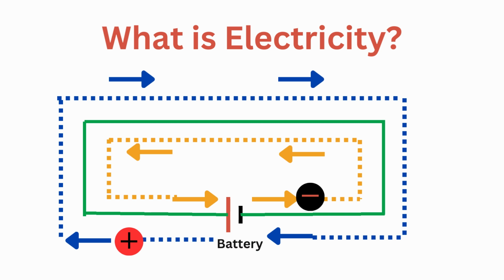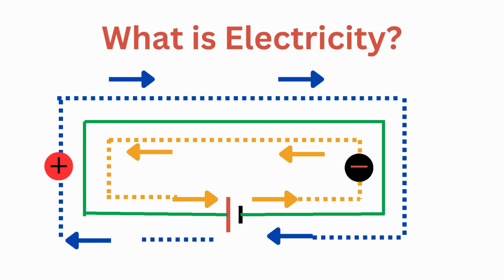Okay, but as per convention, the opposite direction is taken for convenience. That is the direction along the blue line, where current is said to flow from the positive terminal to the negative terminal. So you can see how the electron keeps moving.